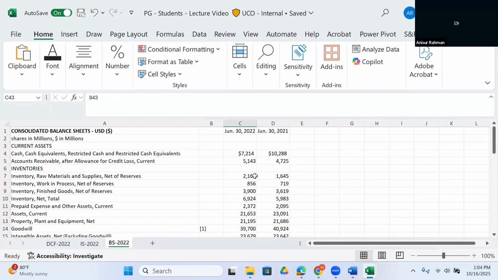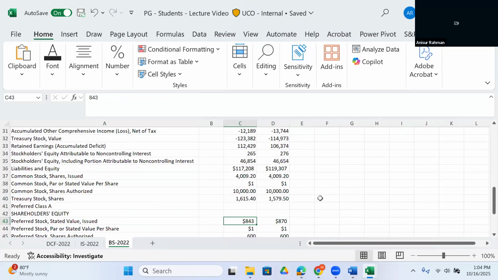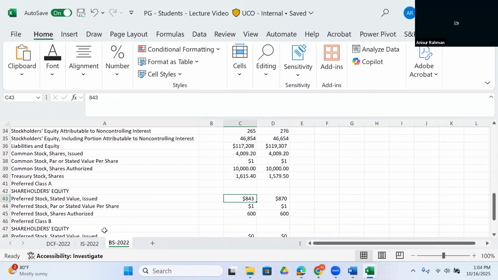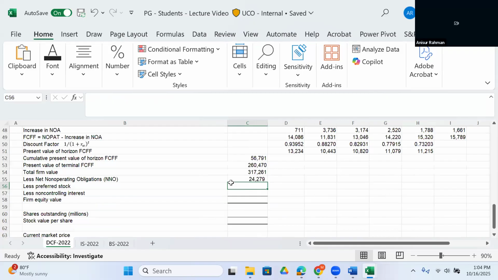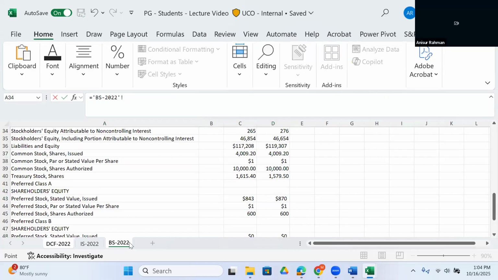So these are in millions, so 843 million, right? So I'm going to DCF, enter equal sign, balance sheet. This is my preferred stock value. These are per share values, this is the number of shares, so I need just this one.